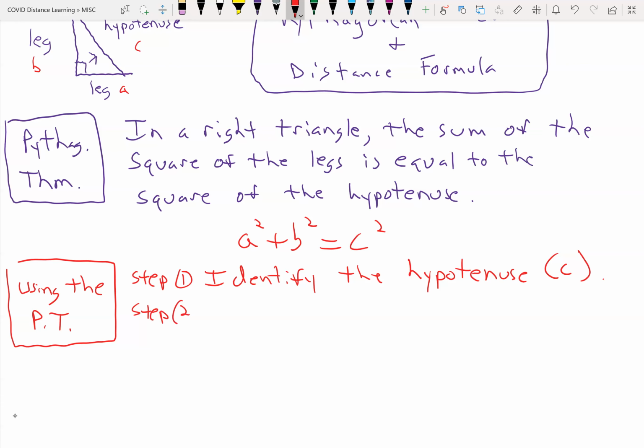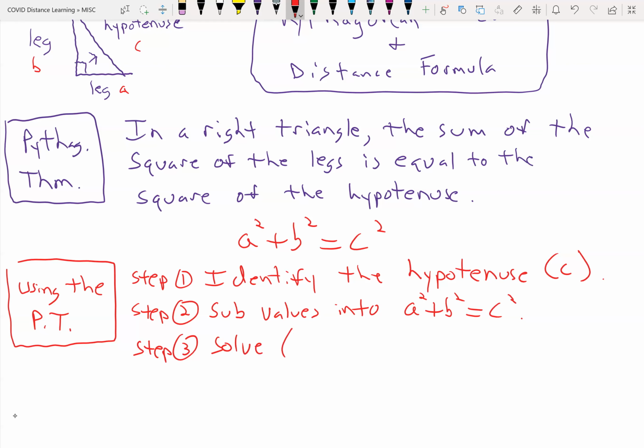Step 2, sub values into that equation, into a squared plus b squared equals c squared. Step 3, solve. And whenever we're solving, eventually we're going to be taking a square root.